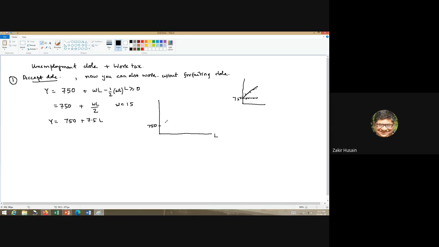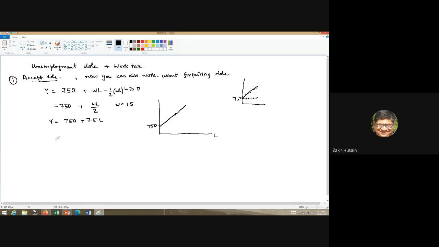Your income is going to go up. L equal to 2 means 750 plus 15.